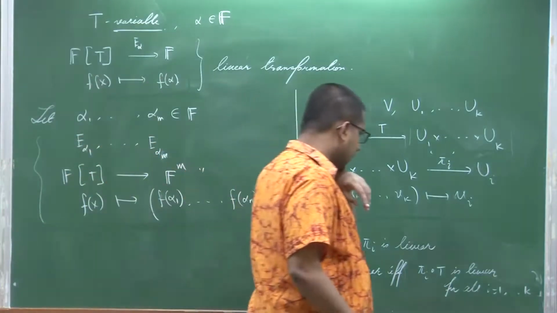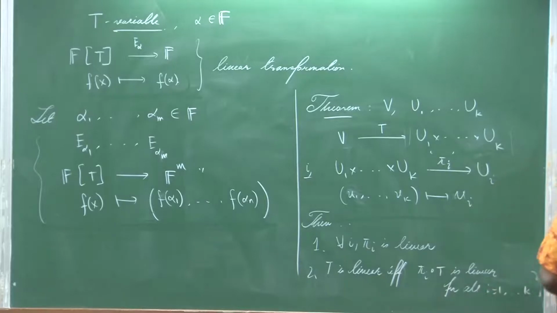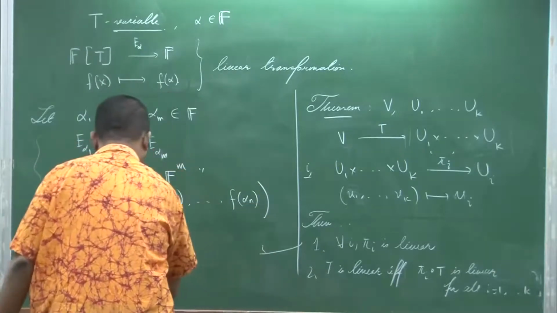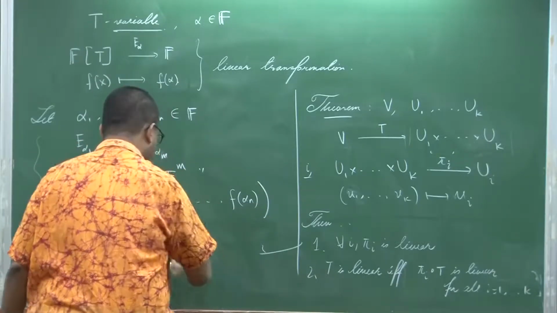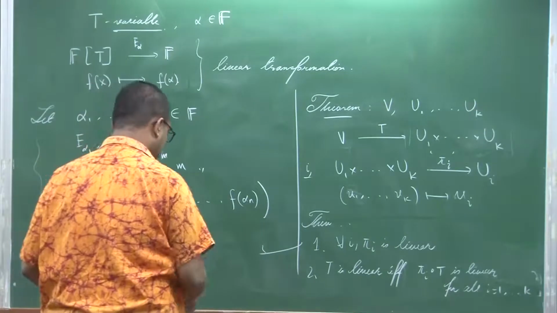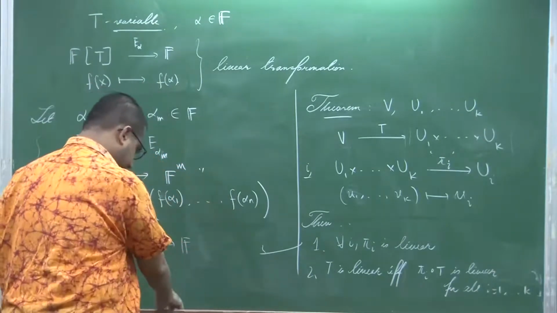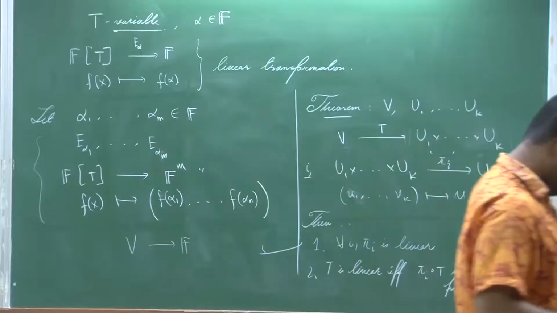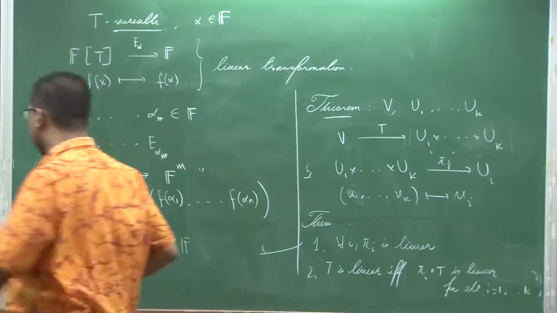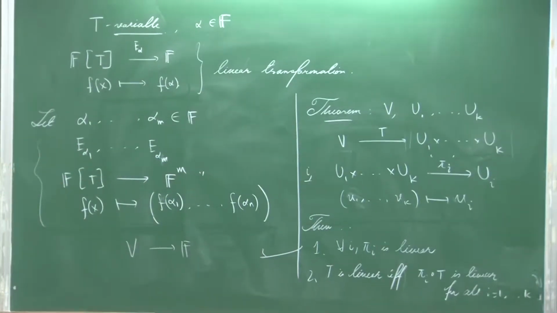As a consequence, it is also very easy to see: suppose I have a map from V to, let us say, F^n. If we regard F^n as n copies of F, this map is linear if and only if, passing through its coordinates, all the maps from V to F are linear, and that is relatively easier to verify. That shows that if we can show that, then we will be able to say whether the original map is linear or not. It seems that I have discussed all the relevant stuff here.